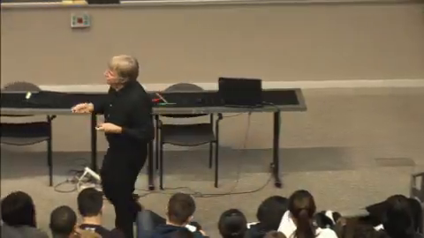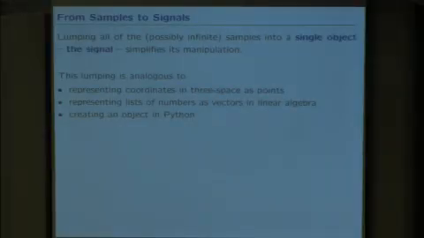And the way to do that is to change our focus. And this is the big abstraction of the day. Change our focus from thinking about samples to thinking about signals. Stop thinking about x of n. Start thinking about the input signal x.